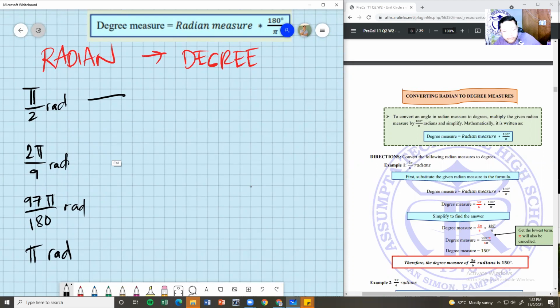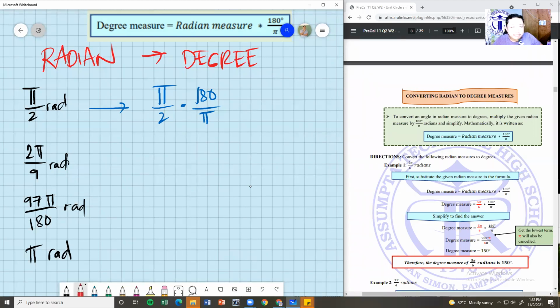So all we have to do is to multiply our radian measure pi over 2. Okay, this time it's okay not to write anymore the rad. Okay, wala nang problema doon. And then multiply it by 180 over pi.